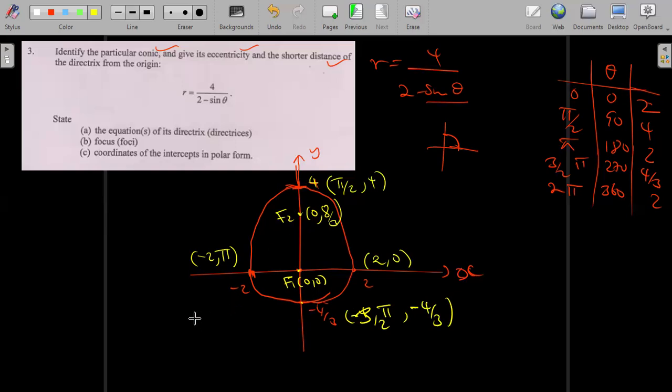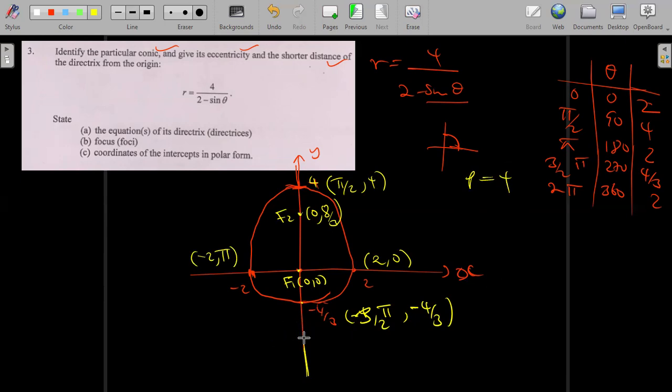Okay, so apart from that, now you can answer these other parts of the question, which is your directrix. For example, they tell you your directrix. So your directrix, we found that the distance there was p, and the p was equal to 4.